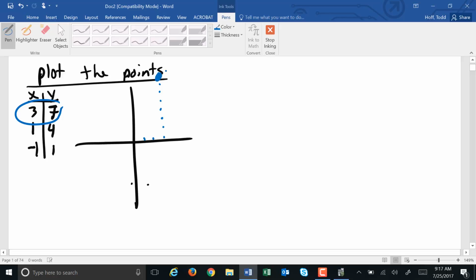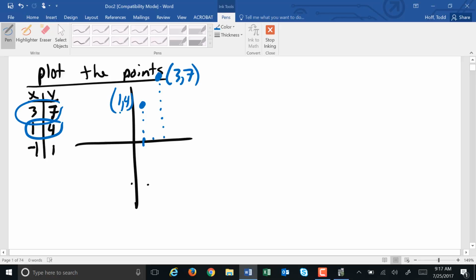So that's going to be 3, 7 right there. So when you plot points, you go side to side first, and then up and down. 1, 4, you're going to go over to 1, and then up 1, 2, 3, 4. There's your point. That's 1, 4.